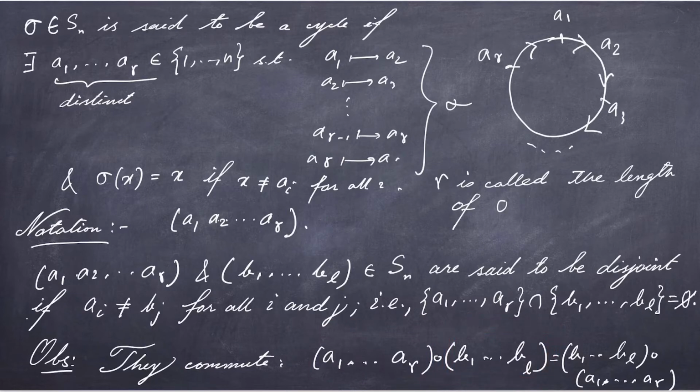So basically it's up to you whether you permute the ai's first or the bj's first. So this is indeed expected.